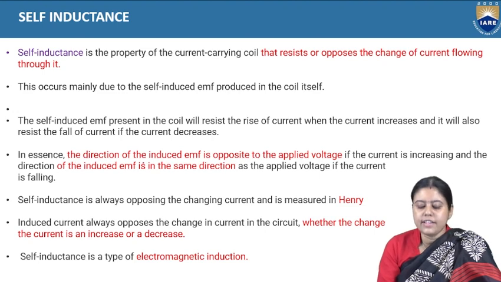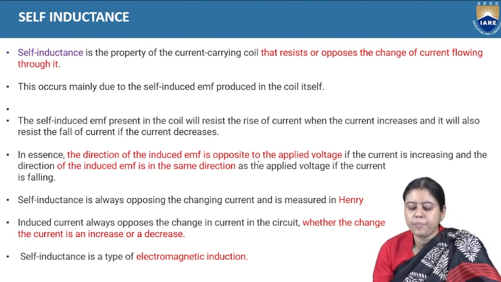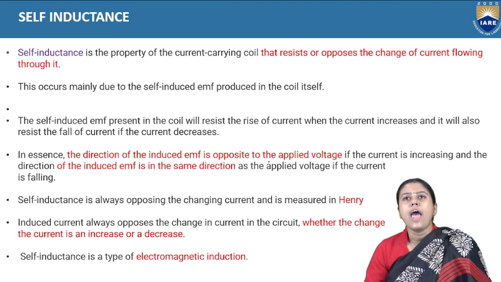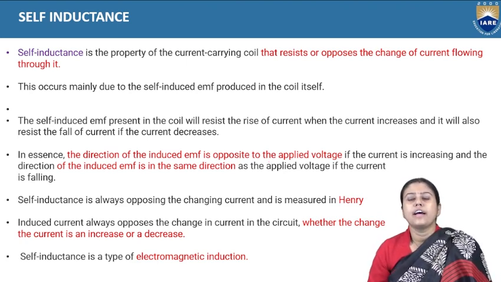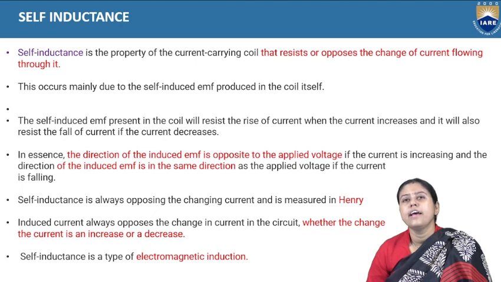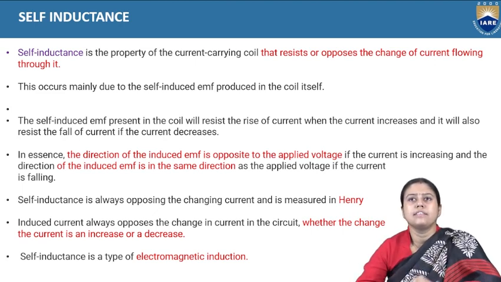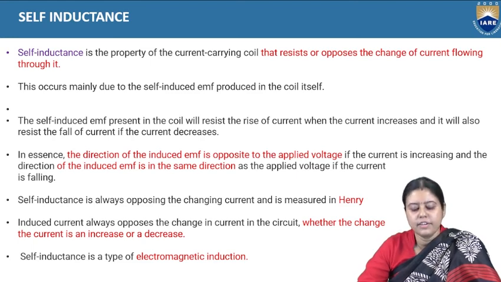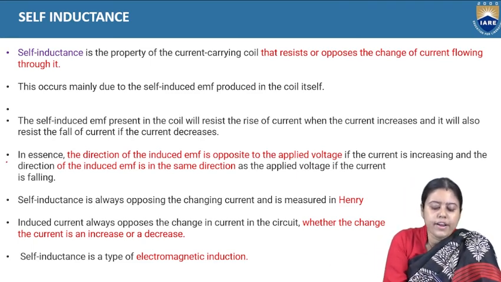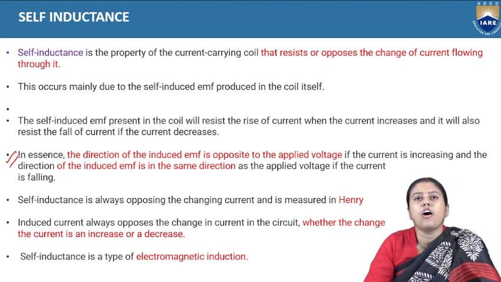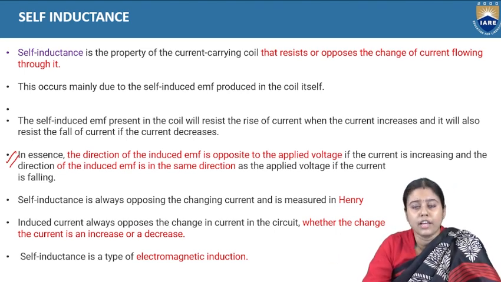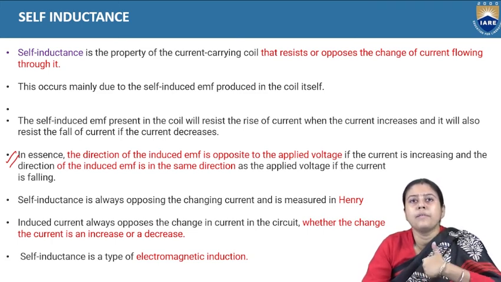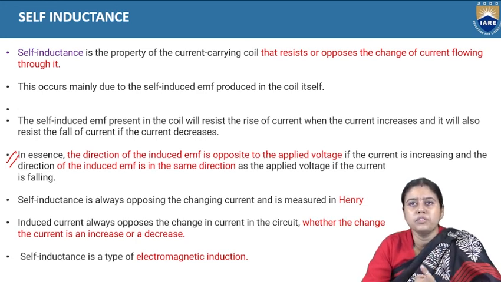The direction of the induced EMF is always opposite to the applied voltage if the current is increasing, and the induced EMF is in the same direction if the applied voltage is in the opposite direction. This is the main example of Faraday's third law, or Lenz's law: the induced EMF always opposes its cause.